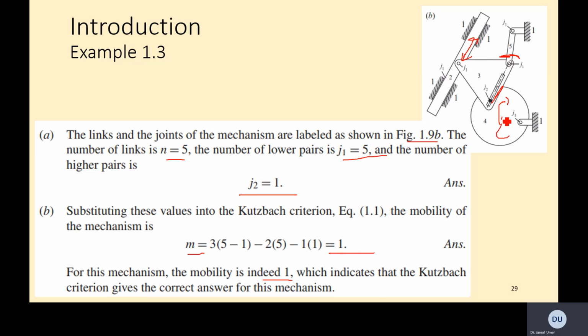For example, if I rotate this and leave the others independent, you will still have the same motion. This will oscillate, this will move like that, and this will slide. If I just move this part, it will still do the same movement. So Kurzbach is quantitative, and this is a qualitative analysis, which shows us that this mechanism is working. So this has a mobility of 1.